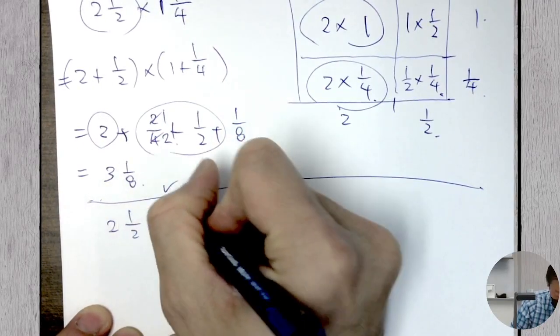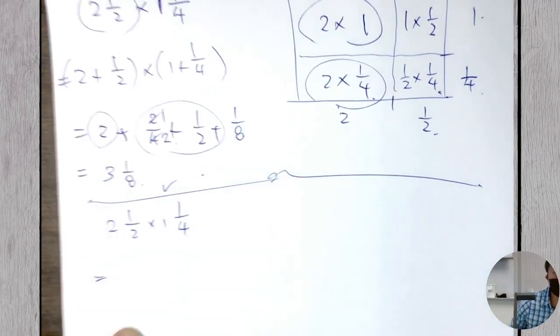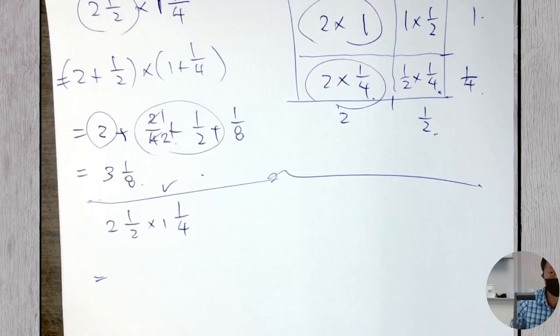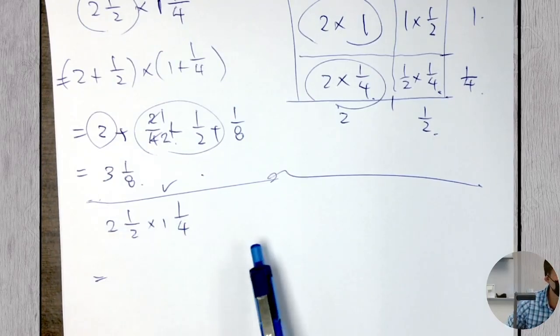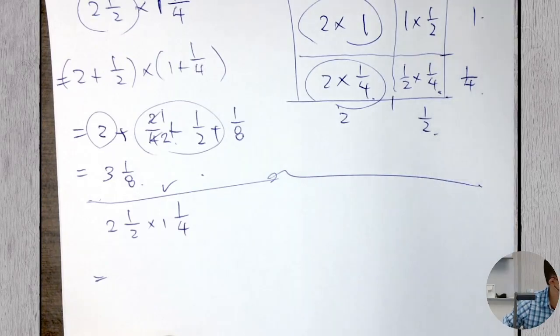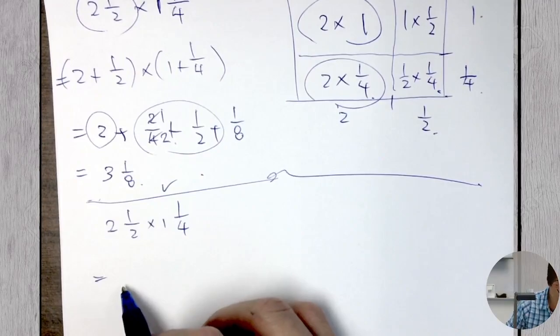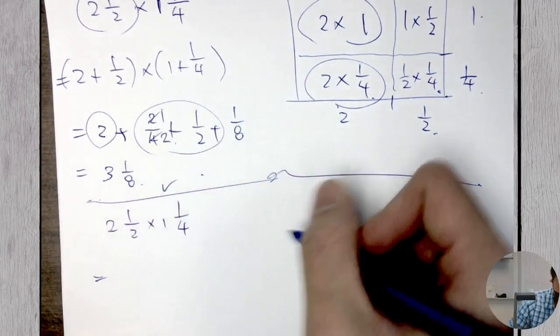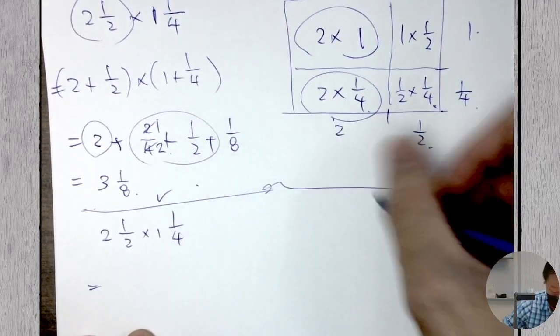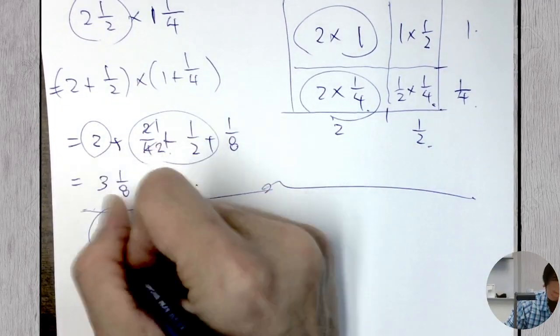2.5 times 1 1/4. You guys ready? Okay? If you are multiplying mixed fractions without a graph, I would turn the mixed fractions to improper fractions. Okay? Well, how do you turn it to an improper fraction? I'm going to do it on the first one.